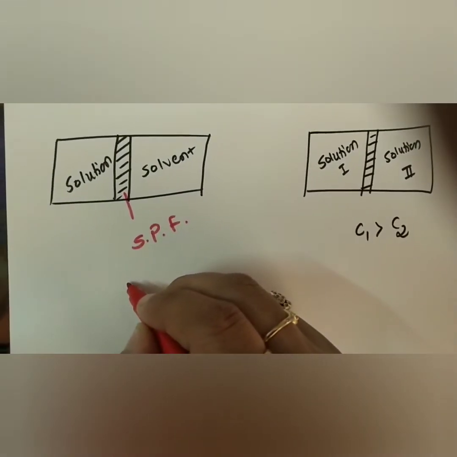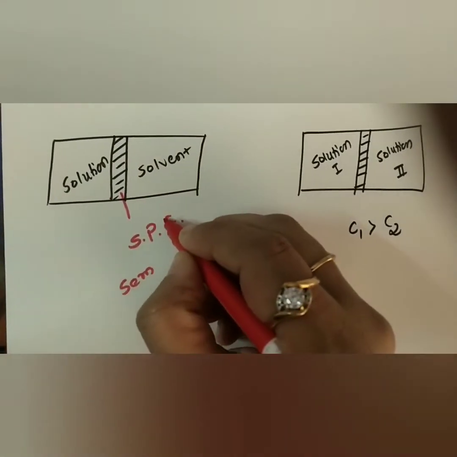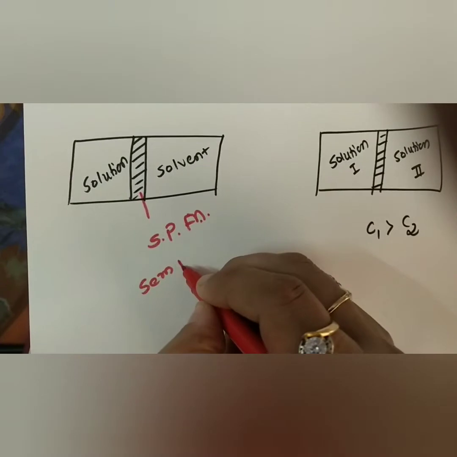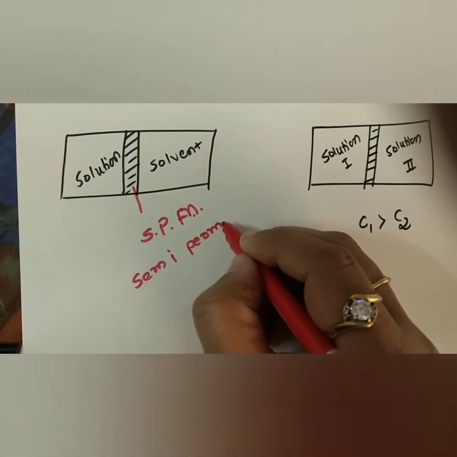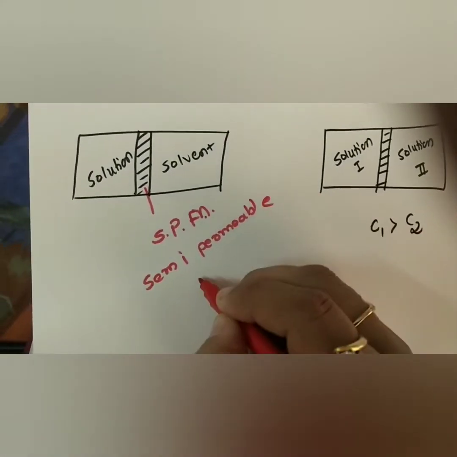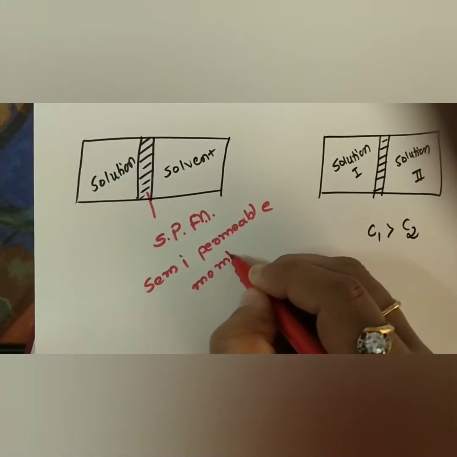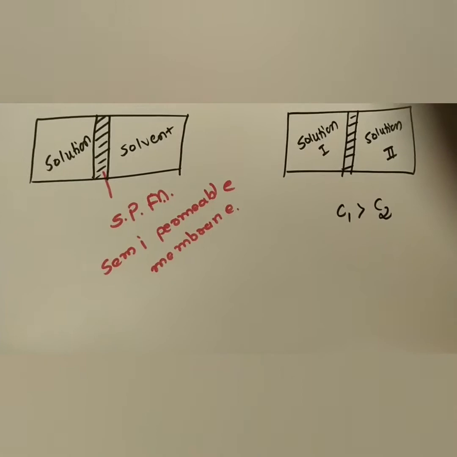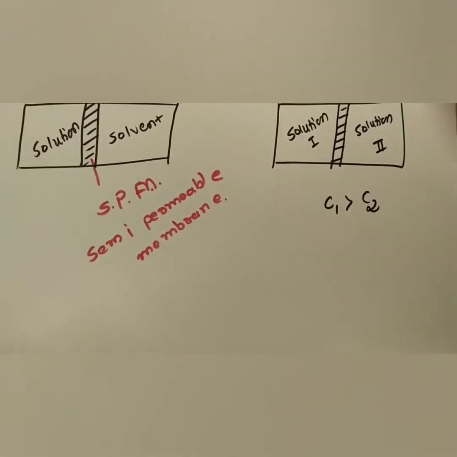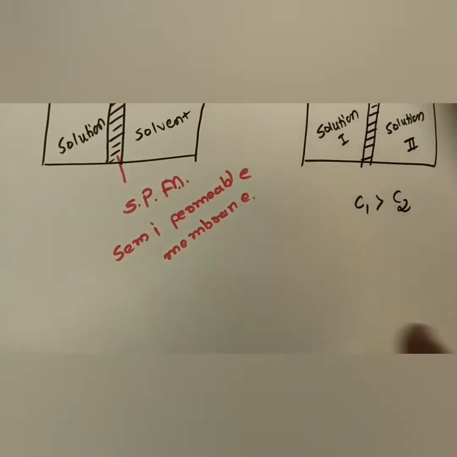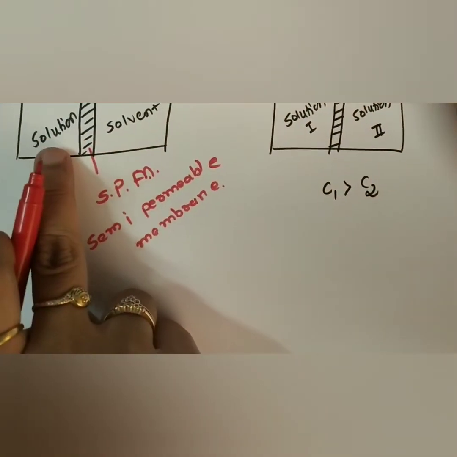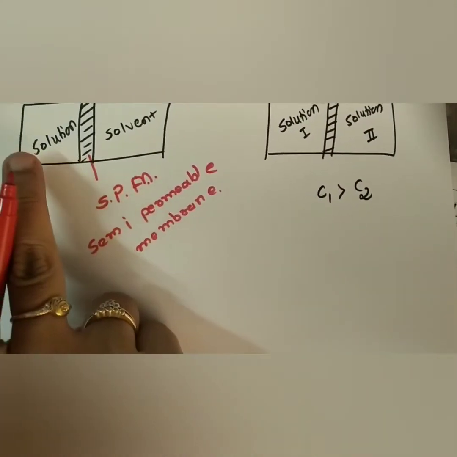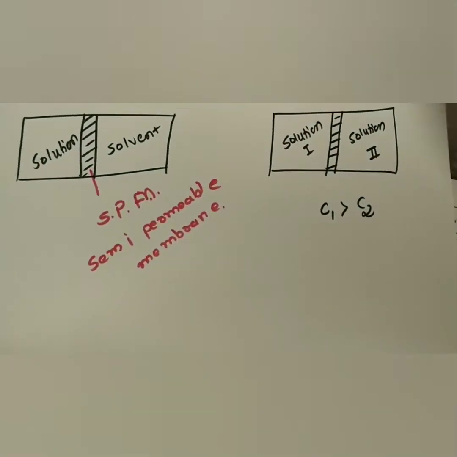Full form of this is semi-permeable membrane. Okay, you might have heard this word. What is meant by the semi-permeable membrane? It means they allow some molecules to pass through but do not allow other molecules to pass.